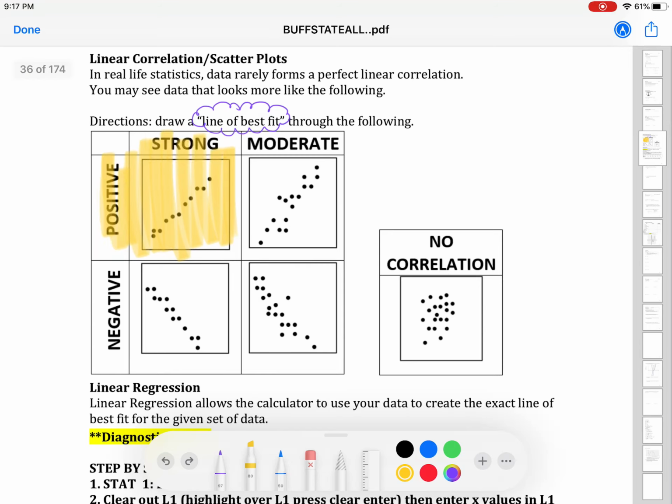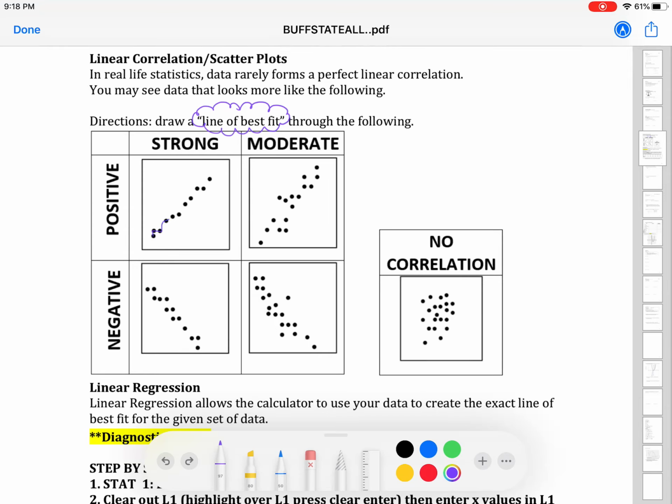It has a strong positive relationship. Positive is very straightforward. It just has a positive slope, meaning it's going upwards when you look at it from left to right. The word strong means it has a very strong linear pattern. Linear just means it's like a line.